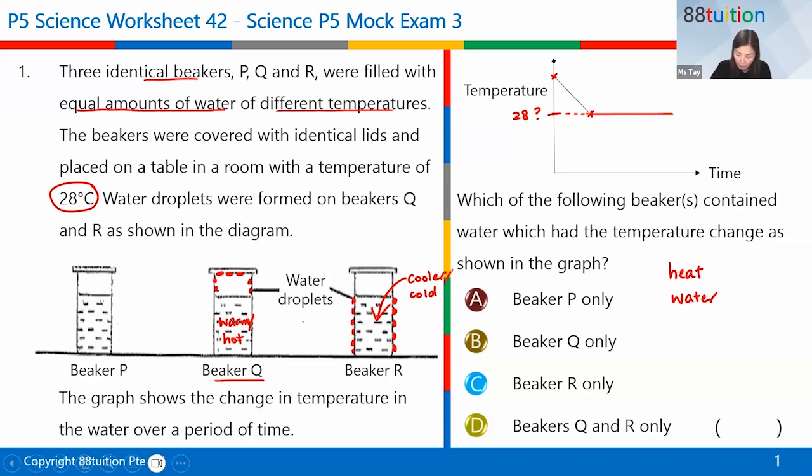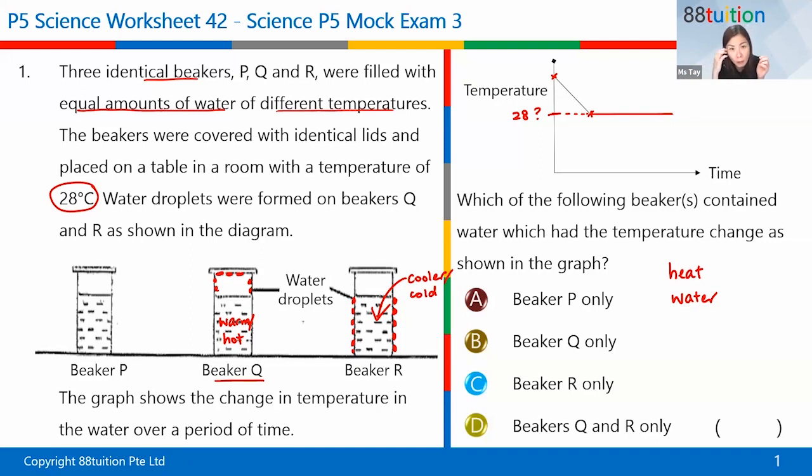Imagine you take a can of green tea from the fridge, you put it on the kitchen table. Soon you have your can sweating away, right? Is it really the can sweating? No, it's because of water droplets condensing.